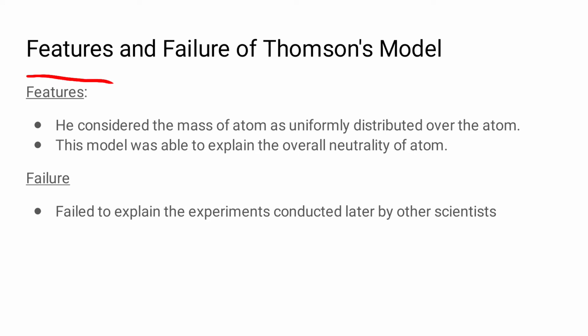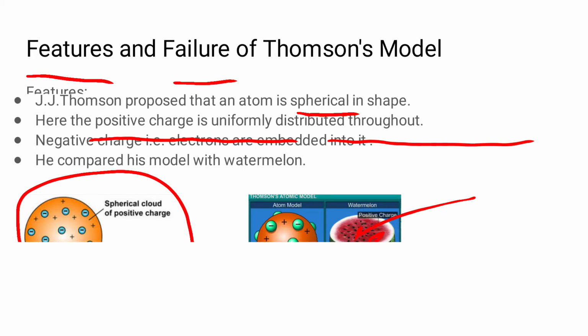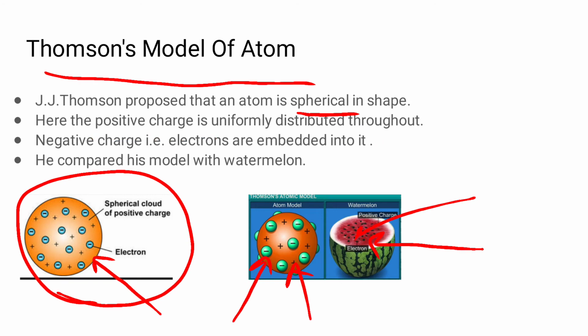Now, coming to the features and failures of his model. The very first feature of his model was that he considered the mass of the atom to be uniformly distributed over the atom. That is, here we can see in this figure that positive and negative charge are both uniformly spread.